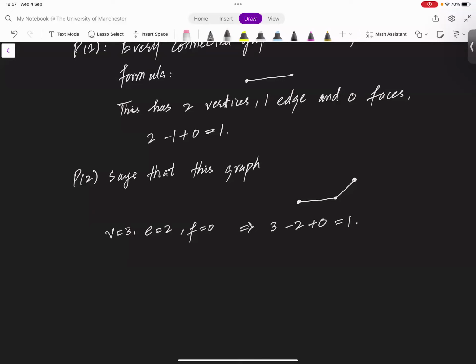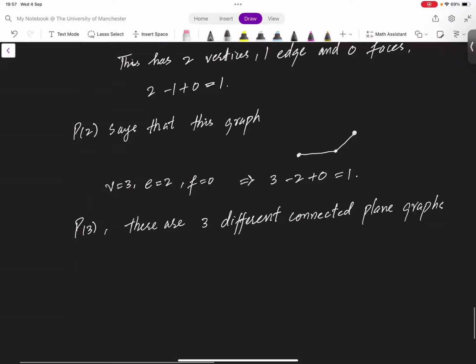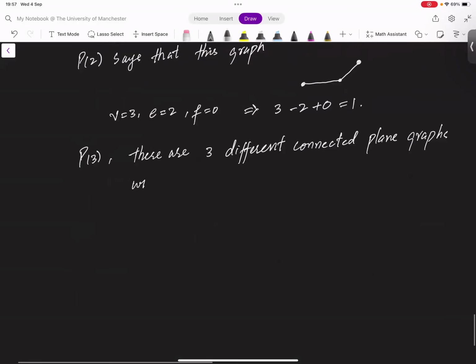P of 3, there are 3 different connected plane graphs with 3 edges.